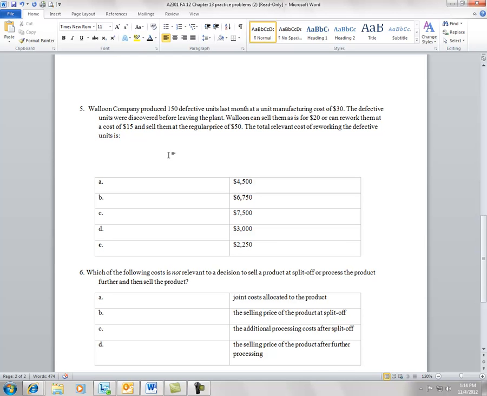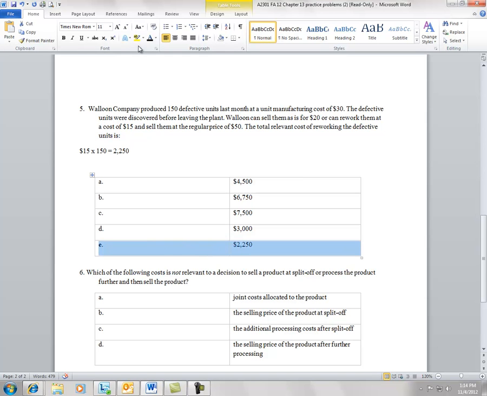So we know that our relevant costs are only the costs specific to that particular alternative, and we see here if we rework, it's going to be $15 per unit. We know that there were 150 units, so if we multiply this out, it's $2,250. So the answer is E.